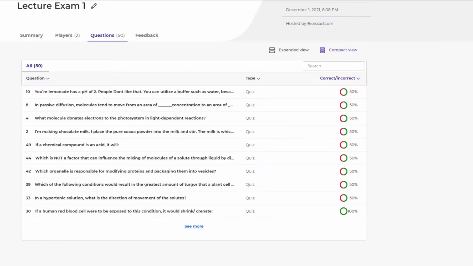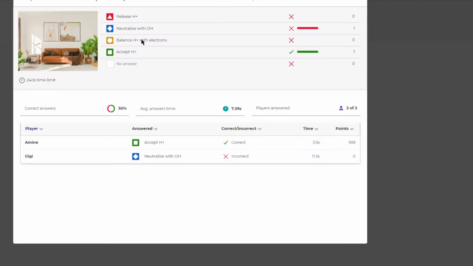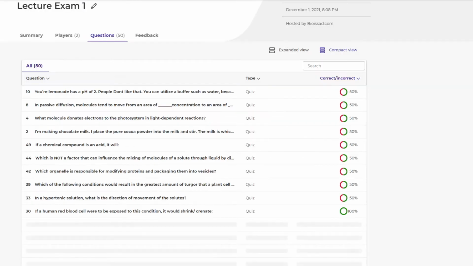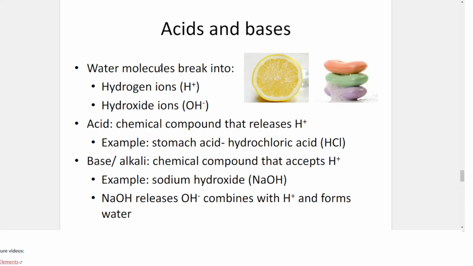So the question we had was, your lemonade has a pH of 2. People don't like that. You can use a buffer such as water because it will accept H+. Let's look at what the slides say. So water molecules break into hydrogen plus and hydroxide, OH-.